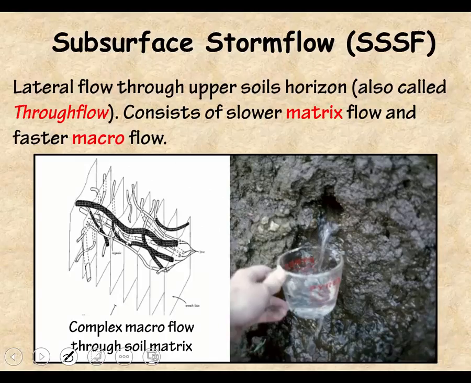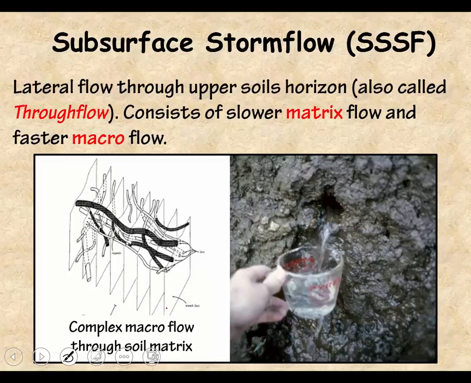Okay. Now, let's look at what else is it. Well, okay, look at this. Subsurface storm flow. This is the flow that's moving. This is the through flow. Okay. This is the stuff that's moving through that upper soil horizon, that upper primeval soil horizon.